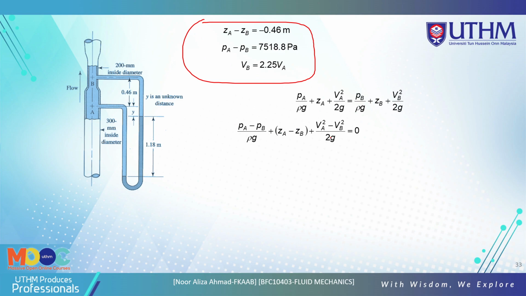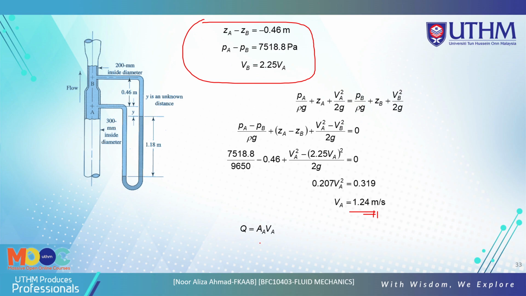Put all the values inside this formula until you get VA is 1.24. After you get VA, you put it again for VB. So we get Q equal to AV, and Q is 0.088. So we get VA and VB.